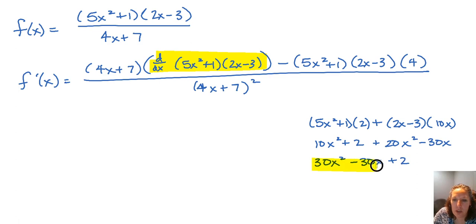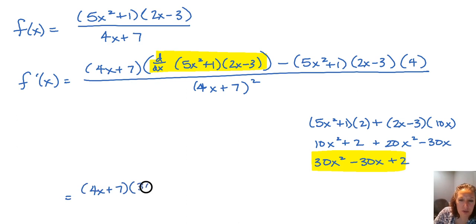So we are going to replace that in our function. So we have 4x plus 7 times that derivative we just found, which was 30x squared minus 30x plus 2, minus, I'm going to go ahead and distribute this 4 to everything in that second set of parentheses.